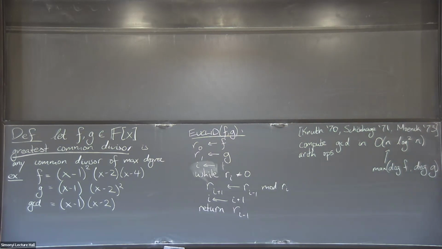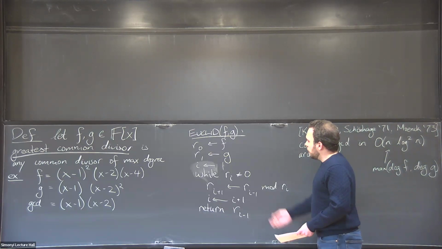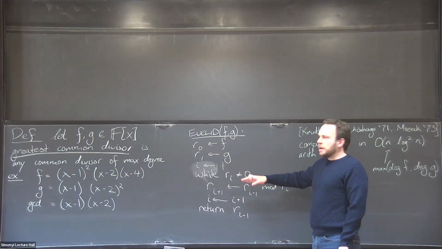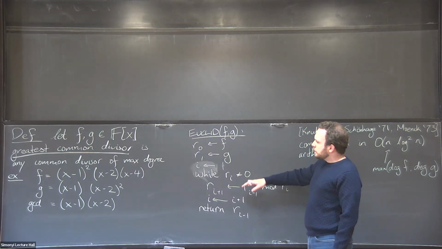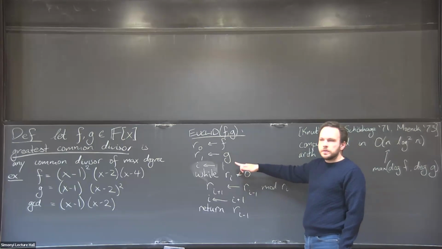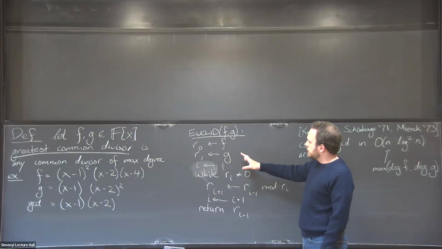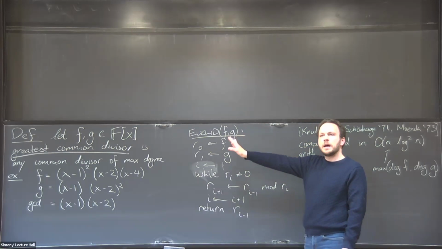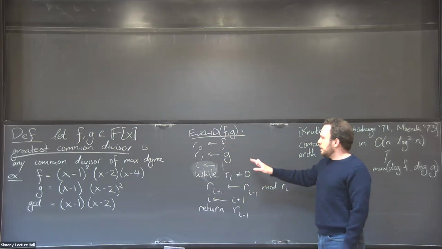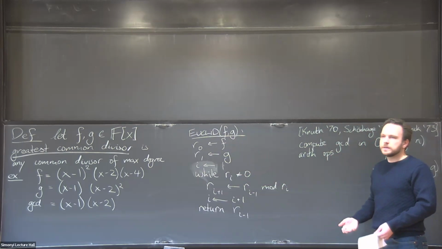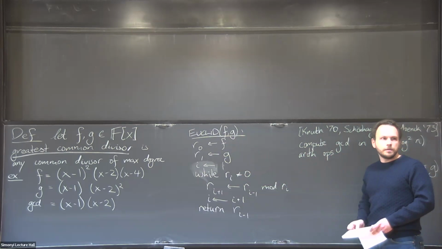This is a really interesting algorithm. The observation is that, while your remainder is above degree, say, n over 2, the steps of the algorithm really only depend on the top n over 2 coefficients of f and g. So you can really do some kind of divide and conquer strategy where you run the Euclidean algorithm only on the top halves of f and g. You get some results. You have to clean it up a bit to incorporate the lower order coefficients, and then you recurse on the lower order coefficients.